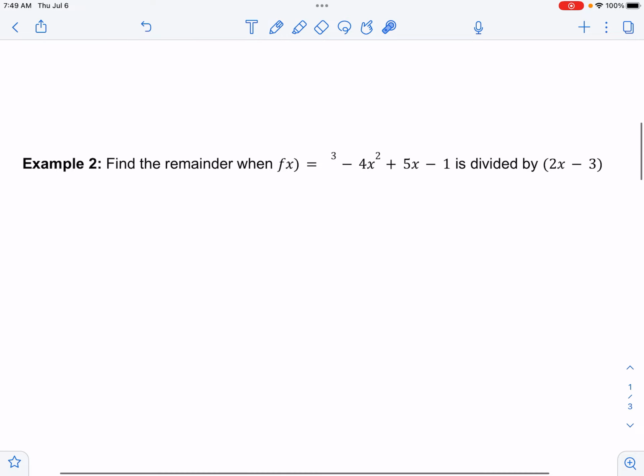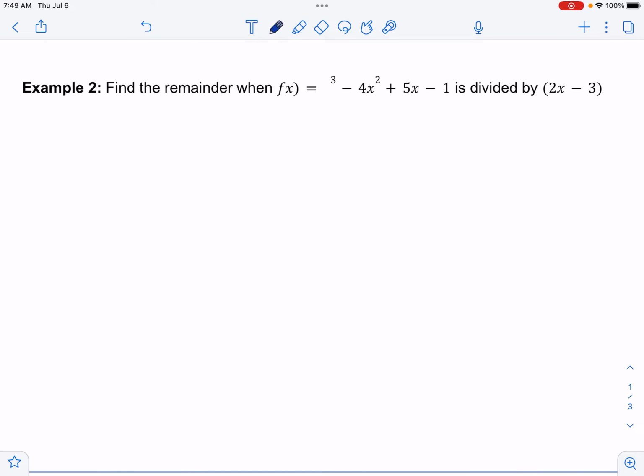Okay, a little bit more complicated one. Here we're provided with a divisor that is not in the x minus p format. Uh-oh. And so what we do, we're just going to rearrange this. The way we're going to do that is we're going to take our divisor and set it equal to 0 and just do some rearranging. So I have 2x is equal to 3 or x is equal to 3 over 2.